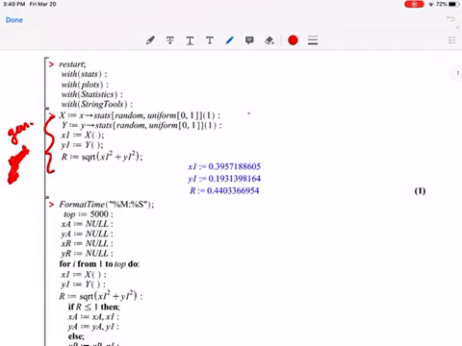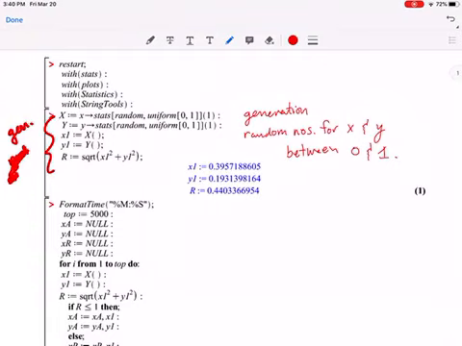Let's write it over here. This is generating random numbers for x and y between 0 and 1.